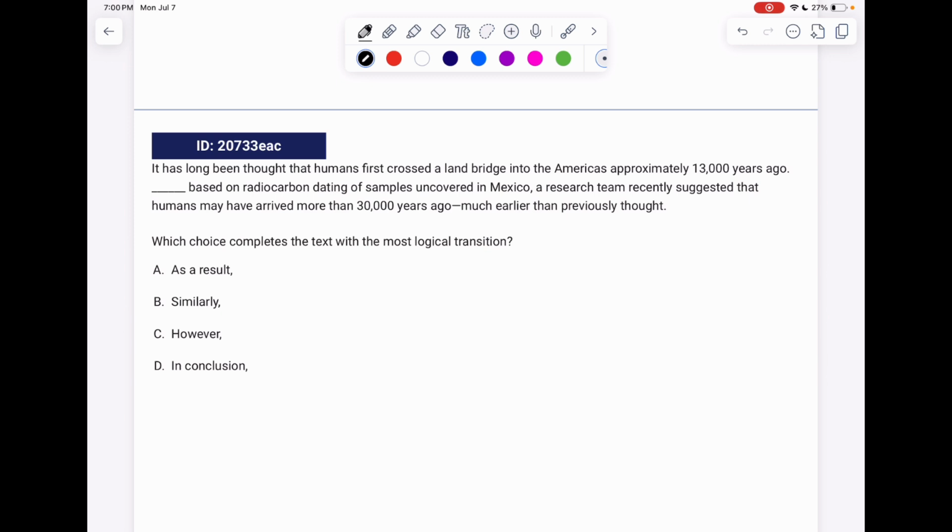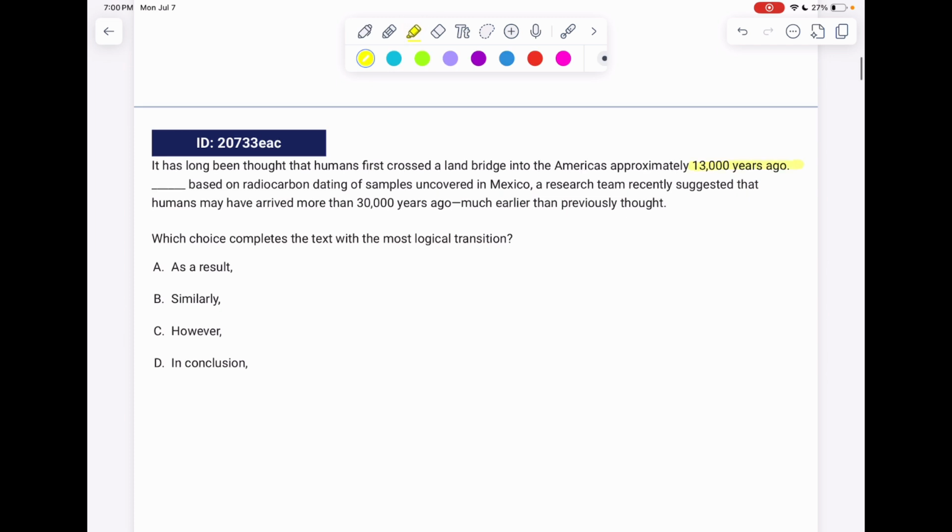So the first part, what does it say? That they crossed 13,000 years ago, and now we're saying 30,000 years ago? Much earlier than previously thought? That sounds like we're saying something different. So I'm going to be looking for a contrasting connector.